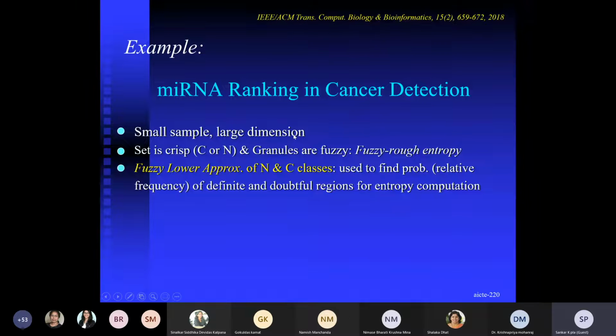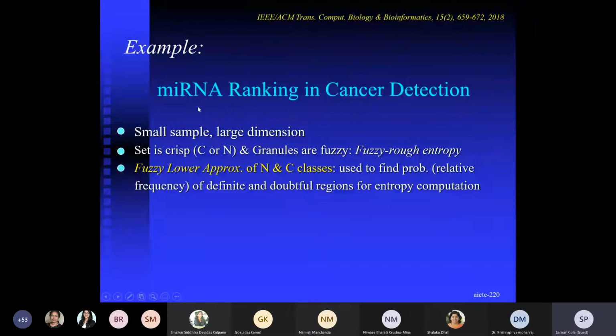And another interesting thing: all the microRNAs that you get are not equally important for cancer detection. They may have different roles, but to segregate normal from cancer, what matters are the expression values, because they are obtained by microarray technology, which provides expression values.